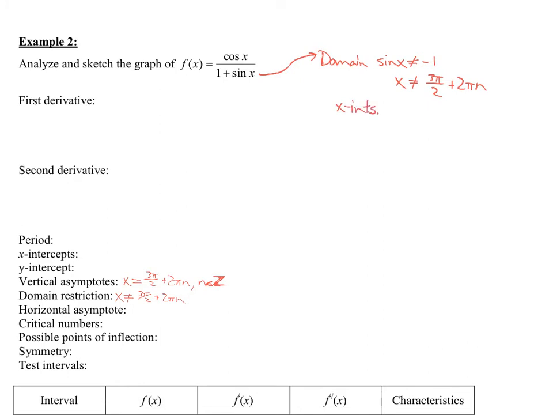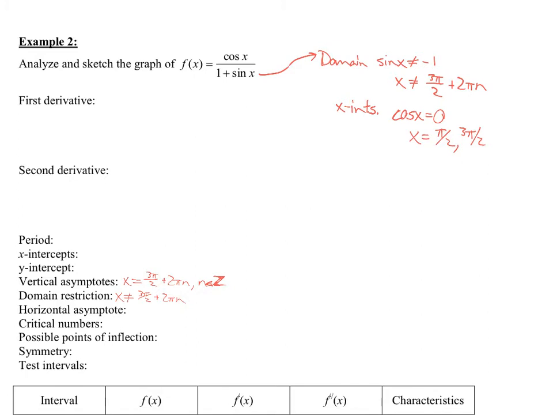So cosine x equals 0. X is at pi over 2 and 3 pi over 2. However, it can't be 3 pi over 2 because that's not in our domain, right?